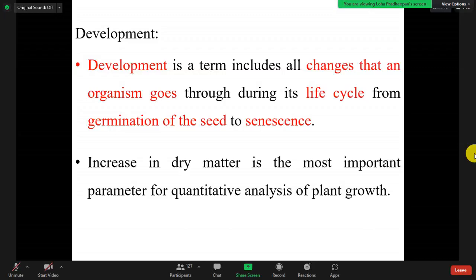Increase in dry matter is the most important parameter we can utilize in the quantitative analysis of plant growth, so in plant growth analysis that is the thing we mainly have to concentrate on. I just wanted to explain what growth is, the types and phases of growth, and development. Then plant growth analysis is the important thing we have to look into, where measuring the increase in dry matter is one of the important parameters.